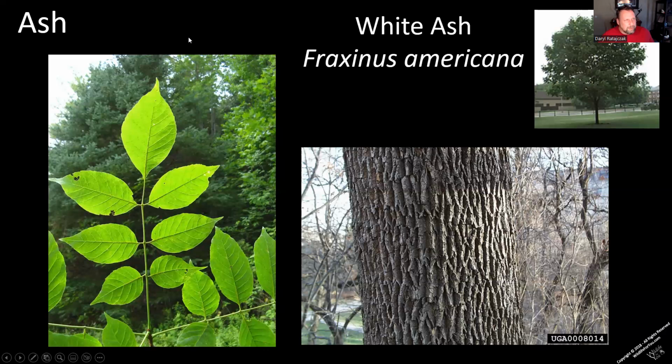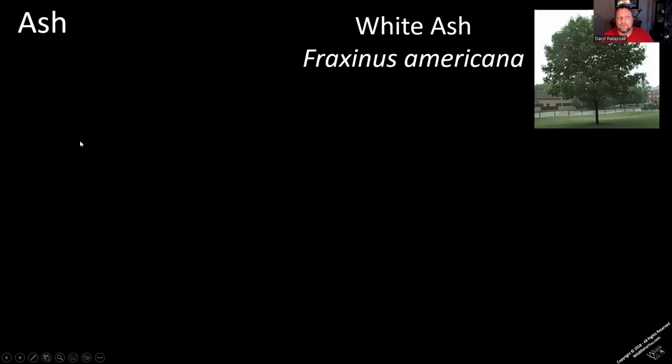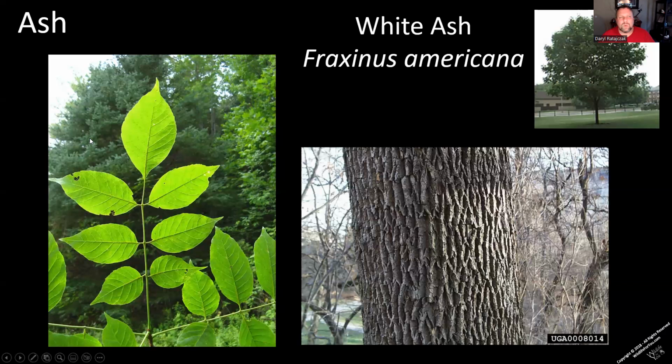One of the big problems nowadays, if you've ever heard of the emerald ash borer, it is an introduced insect that is wiping out white ash on the East Coast as fast as we can imagine. Unfortunately, that is one of the worst things for all these tree species: there are a lot of introduced diseases or insects, which are really wreaking havoc on a lot of these tree species. Okay, so that was white ash.